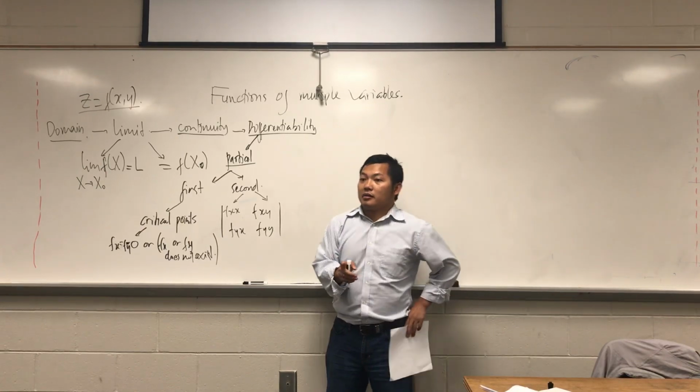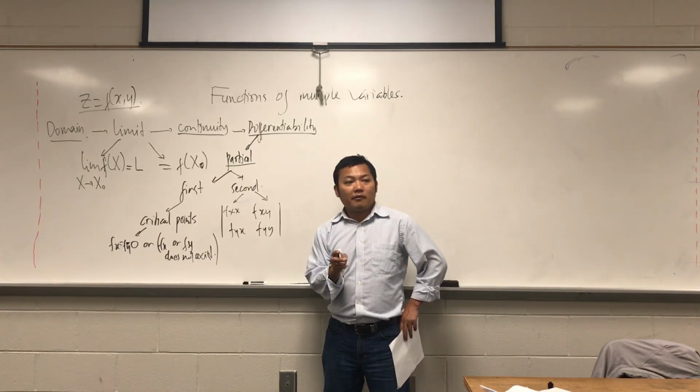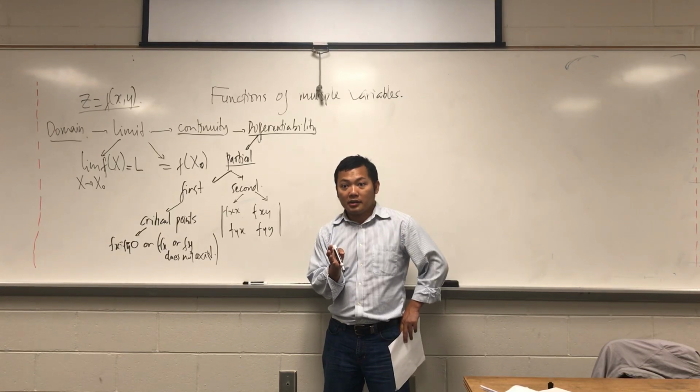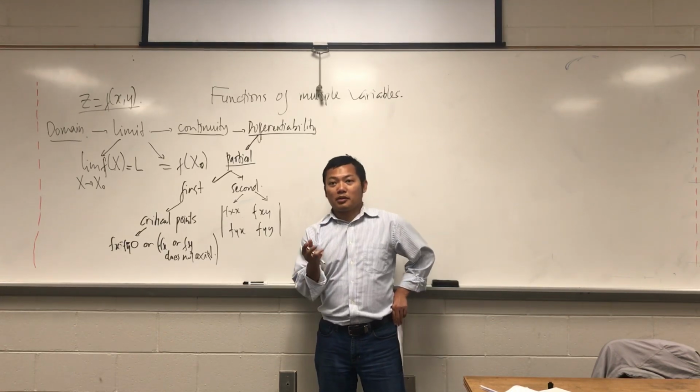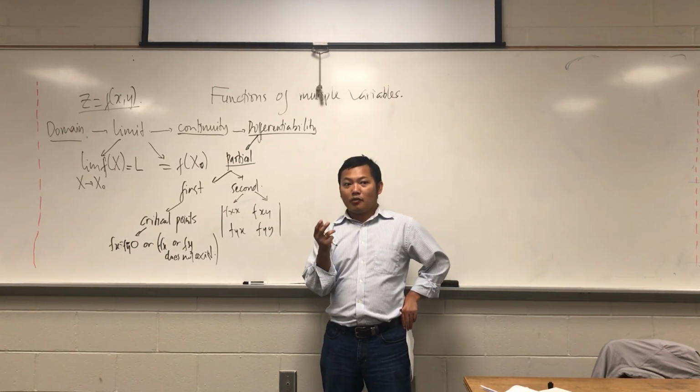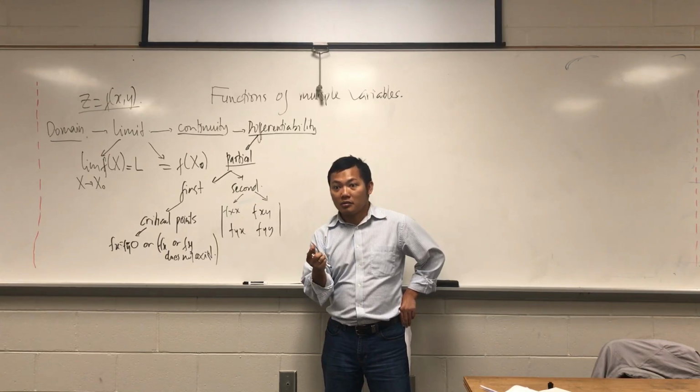We are not very strict on that. Once we calculate this determinant at some given point, I have to remind you about this, because on the test we have one problem where you need to classify critical points. Do you remember that? So we might have local maximum, local minimum, and saddle points, and those points should be among the critical points.